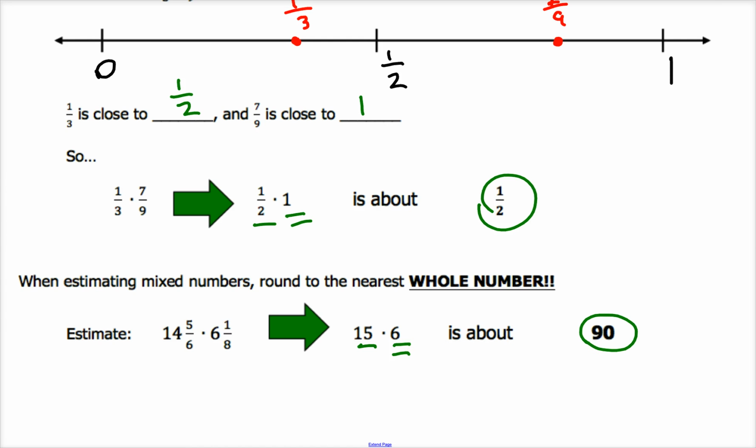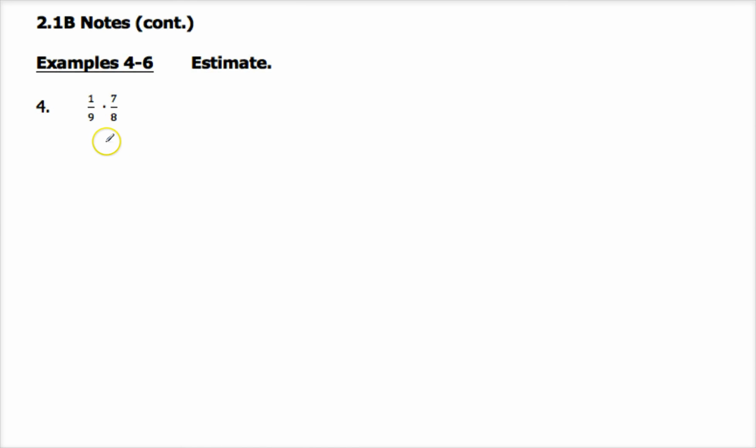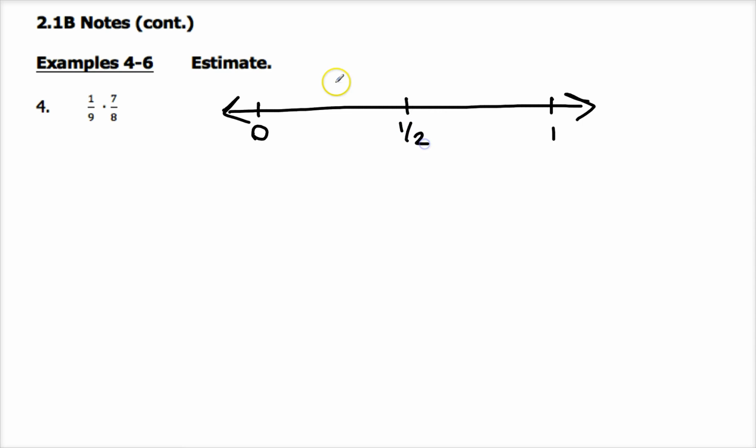Okay, so let's try this with a few more examples. Number 4 here, I have 1/9 times 7/8. So let's visualize where 1/9 and 7/8 are on a number line. If 0 is here and 1 is here, again 1/2 would be right in the middle. 1/9 is not very far away from 0.